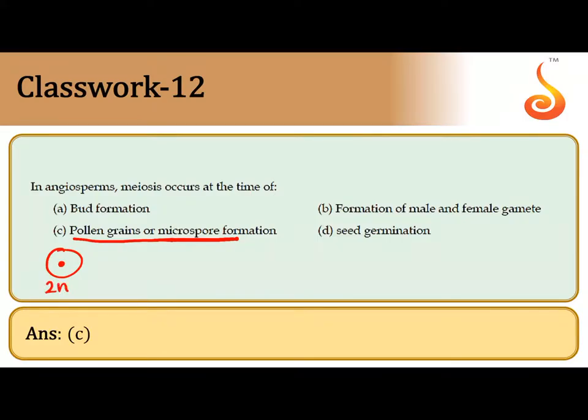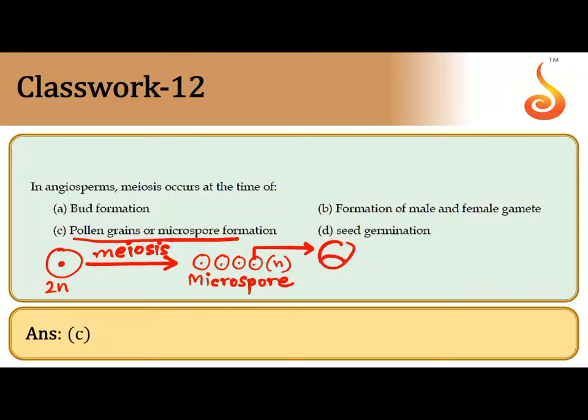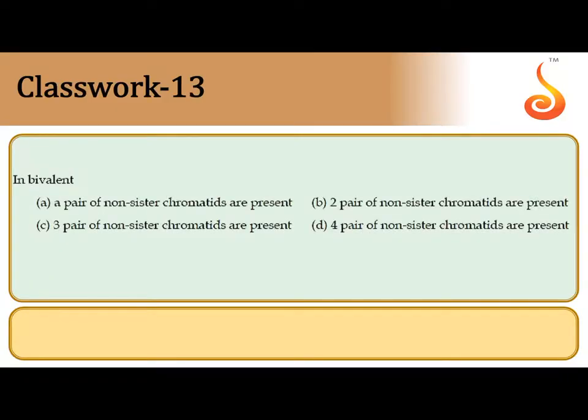You have a microspore mother cell which is diploid, which undergoes meiosis, and this produces haploid cells referred to as microspores. Each microspore will develop into a two-celled structure called pollen, with a generative cell and a vegetative cell.